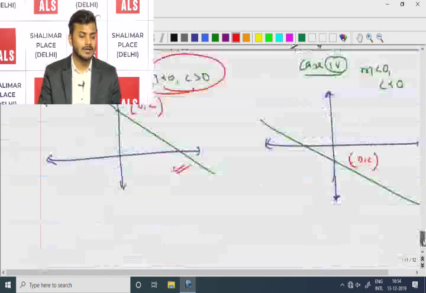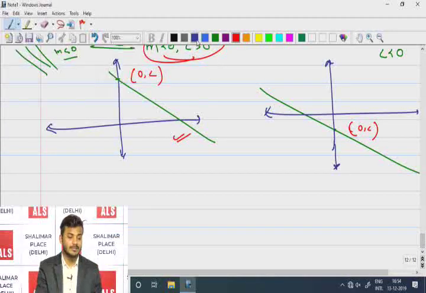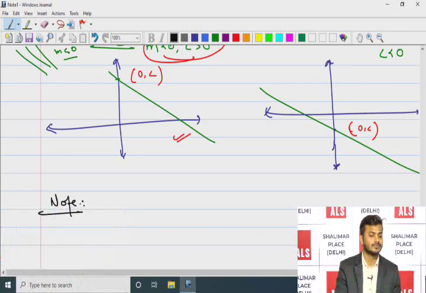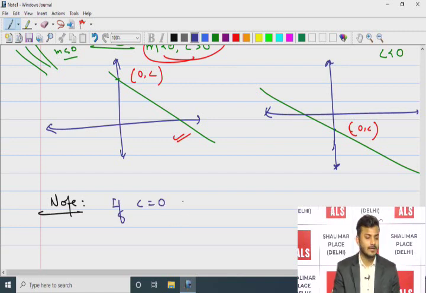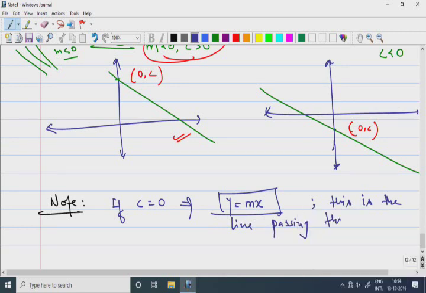Anyway, apart from all these cases, M positive, M negative, C positive, C negative, there is a special note when C is 0. So yes, if C equals 0, then we get y equals mx.